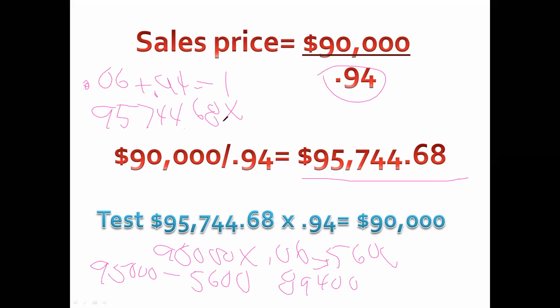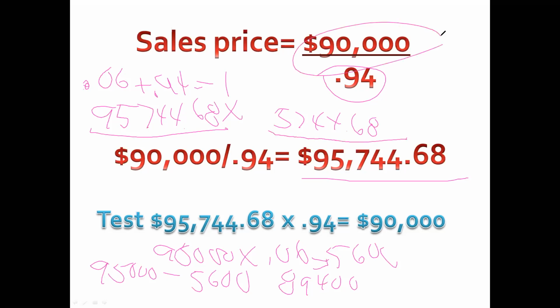That's going to be 5,744.68, better be. And if you have 95,744.68 and you take away 5,744.68, bingo, you get $90,000. So if you don't remember to divide by the additive inverse, and you don't remember how to solve the two simultaneous equations, which I'm not going to do tonight, then that's the next best way to do it.